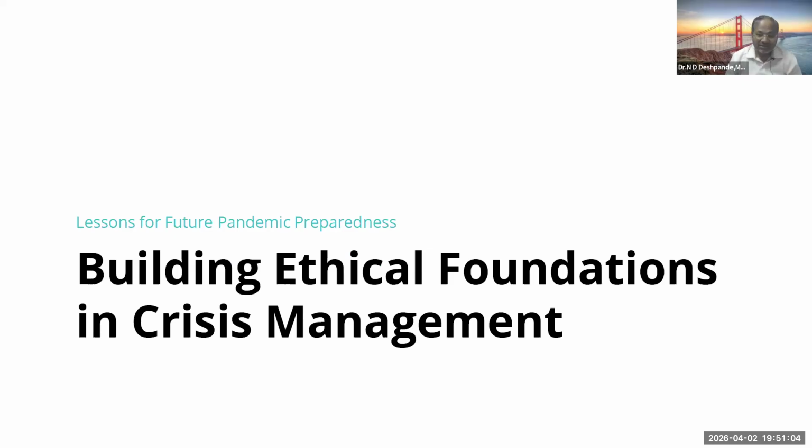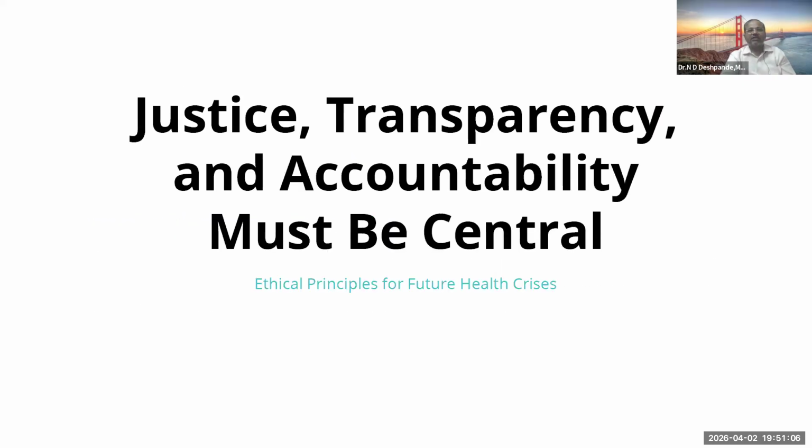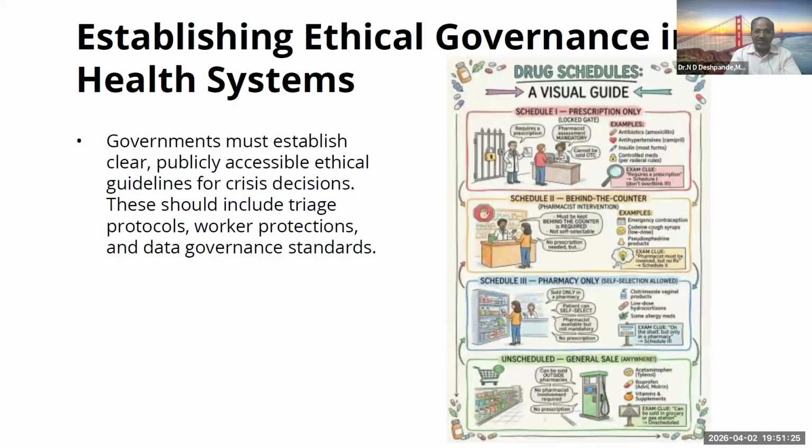So building ethical foundations in crisis management becomes important. Justice, transparency, and accountability must be at the central decision-making level. So ethical principles will guide not only intelligence but also a humane approach. Now, establishing ethical governance in health systems, people have to be given clear guidelines, a visual aid or a guide in respective languages, what to do and what not to do.